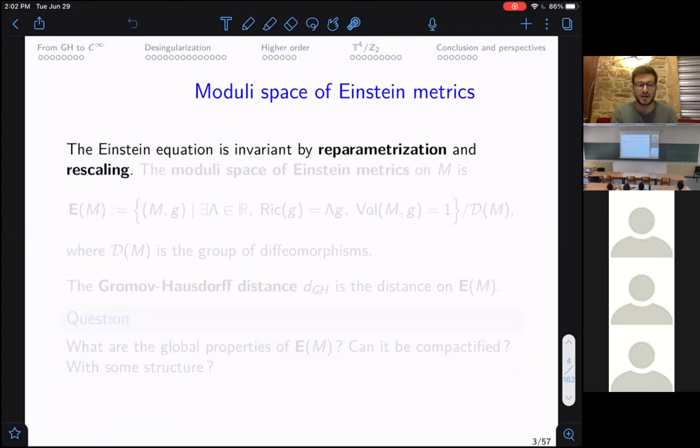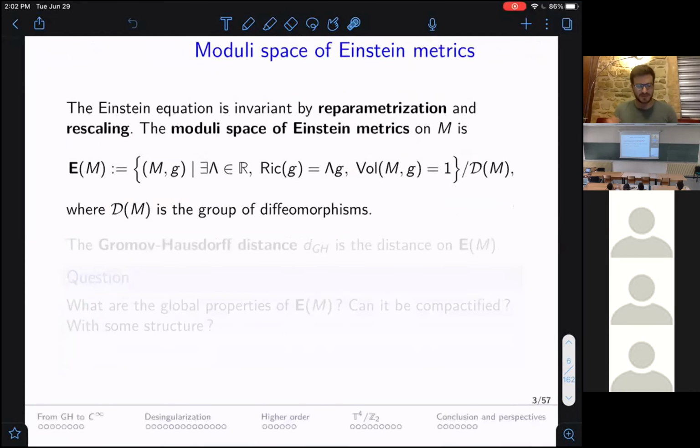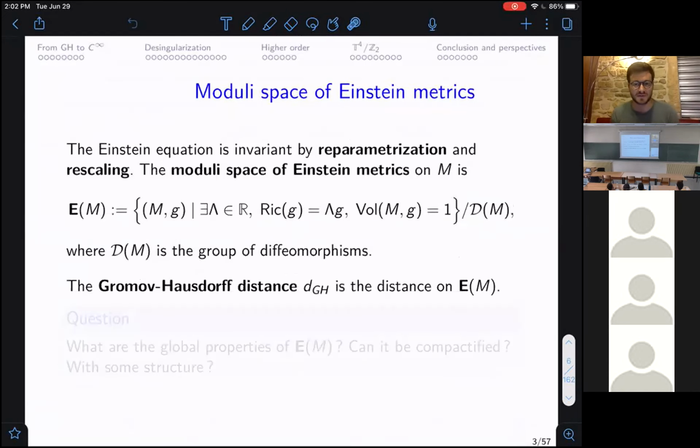Noticing that the equation is invariant by two trivial actions, reparametrization and rescaling, we define the moduli space of Einstein metrics, which is the set of Einstein metrics modulo these two actions: modulo rescaling by fixing the volume equal to 1, where Antoine was fixing the sectional curvature between -1 and 1, and also quotienting by the diffeomorphism group, which reparametrizes the manifold. On this space, the natural distance is the Gromov-Hausdorff distance.